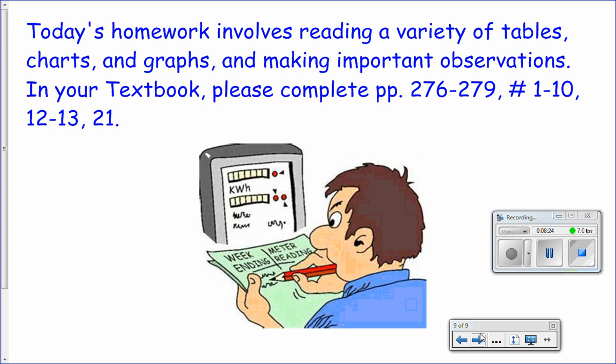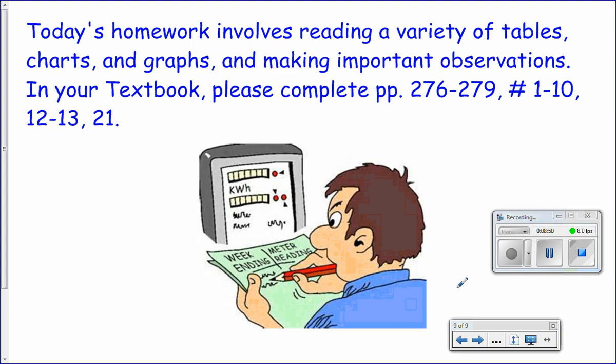So, to conclude, today's homework involves reading a variety of tables, charts, and graphs and making important observations. Okay, this is a really neat lesson because there aren't any big formulas for you to remember or to have to work your way through. It's all just looking at different tables, charts, and graphs and describing what you see.